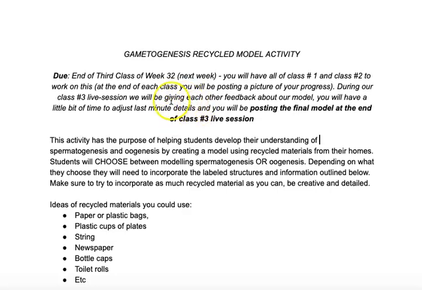You will be receiving a little bit of help from other group members. You will be randomly placed into different groups, and they will be giving you feedback on last minute things that you can change to improve your model.